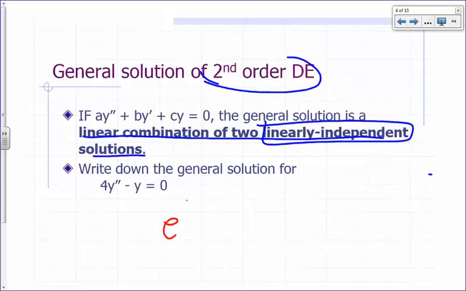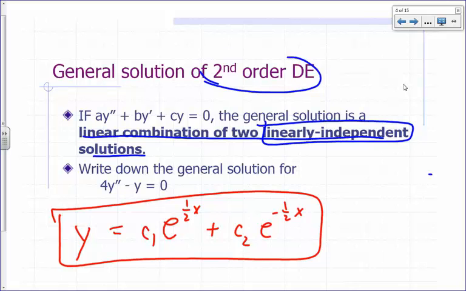Each one of these, if you plug it in, it gives you the right answer, right? It satisfies the equation. The general solution would be c1 e to the 1/2 x plus c2 e to the negative 1/2 x, where c1 and c2 are constants. That would be the general solution.